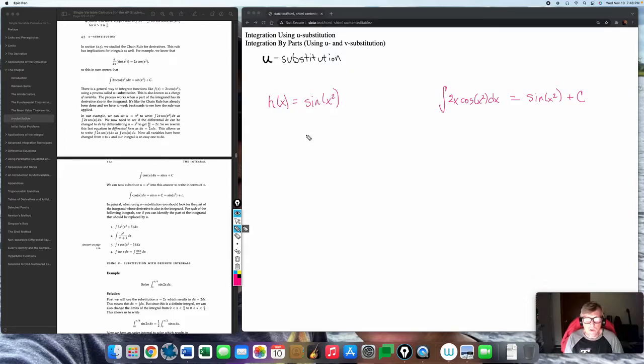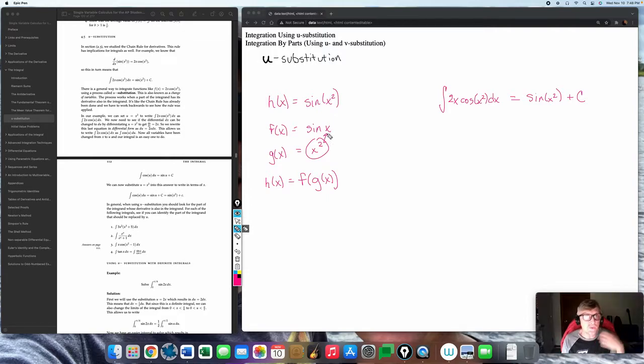Well, that means that there's an outer function f of x, which is just the sine of x, and then there's an inner function g of x, x squared, so that h of x is f composed with g of x. So if I were to put this in the place of x, I would get my h function.